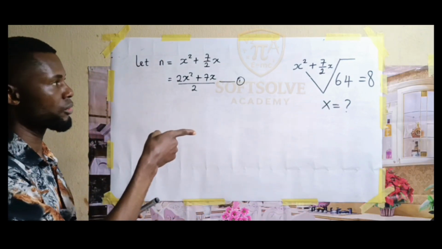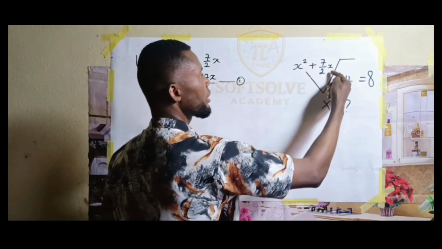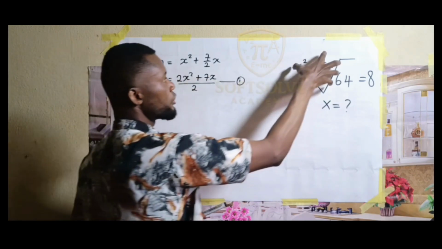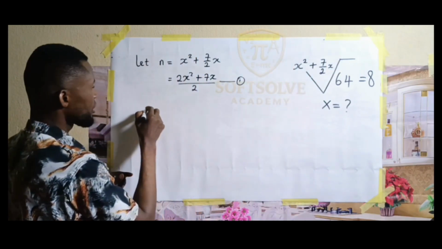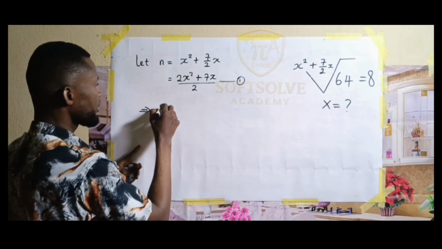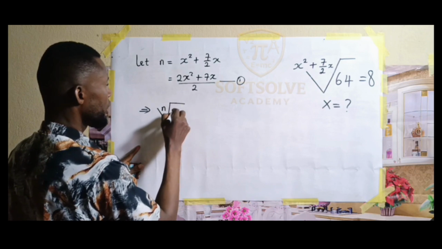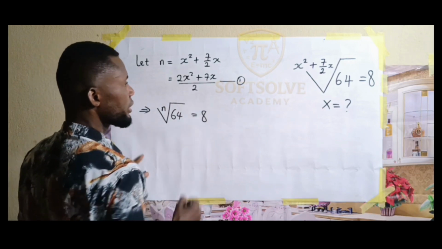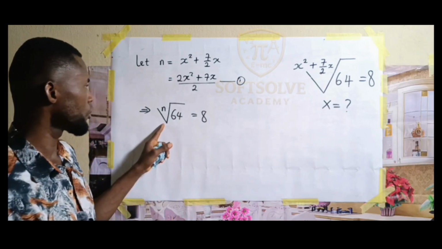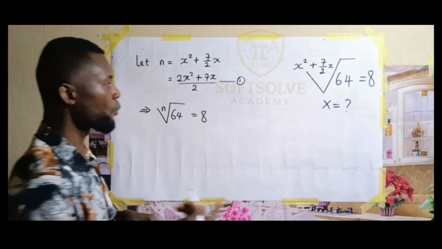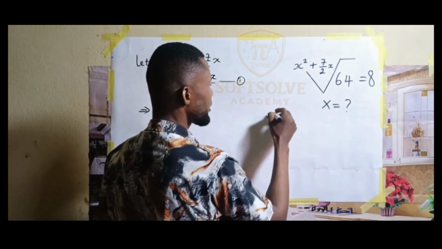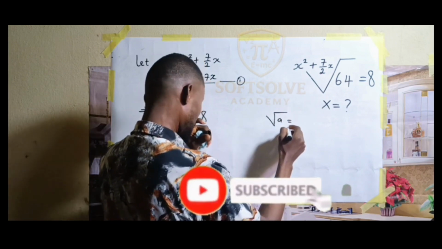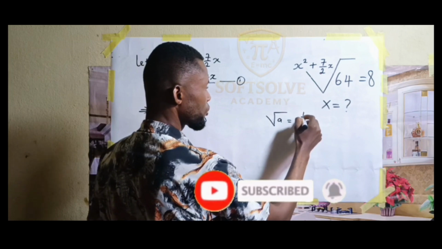Now, going back to our question, we discover that this whole thing here can be reduced to the n. So if you reduce this whole thing to the n, this will imply the nth root of 64 is equal to 8. Now, from the knowledge of square root and indices, we know that the square root of a is the same as a to the power of 1 over 2.